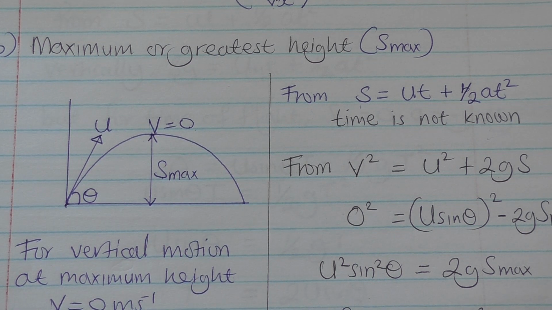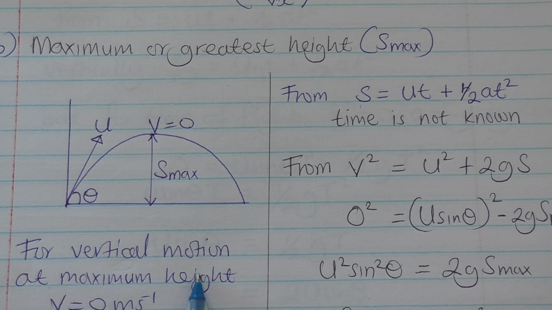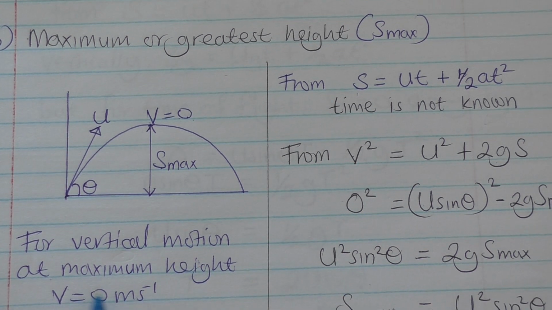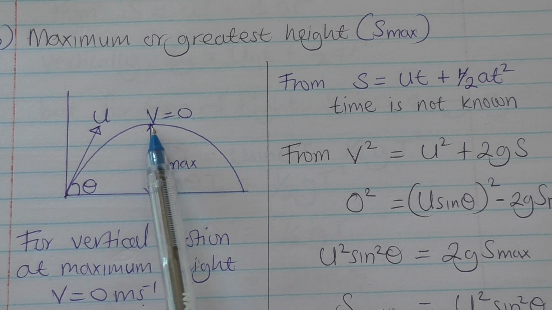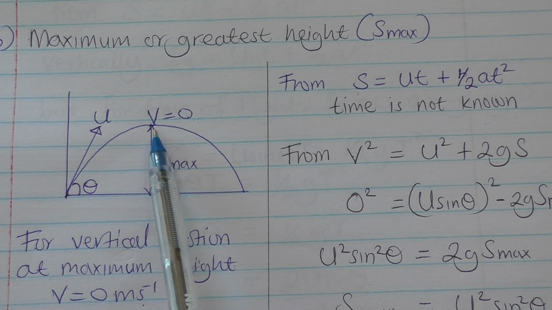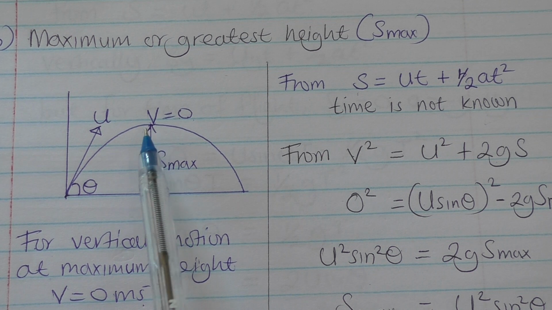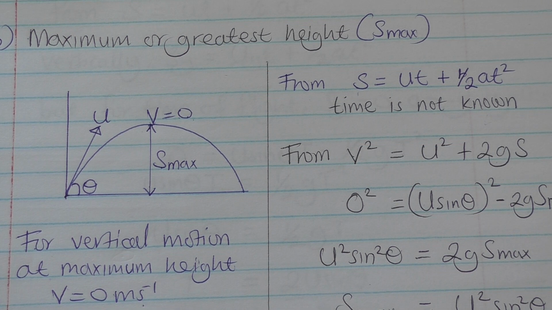And therefore, for vertical motion at maximum height, the final velocity v equals 0, because at that point the body is believed to be momentarily at rest before it comes back.